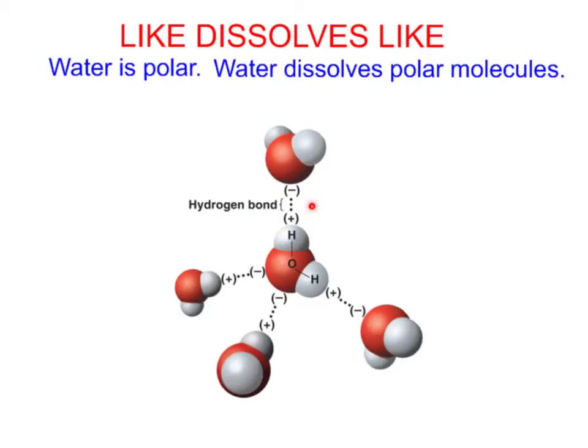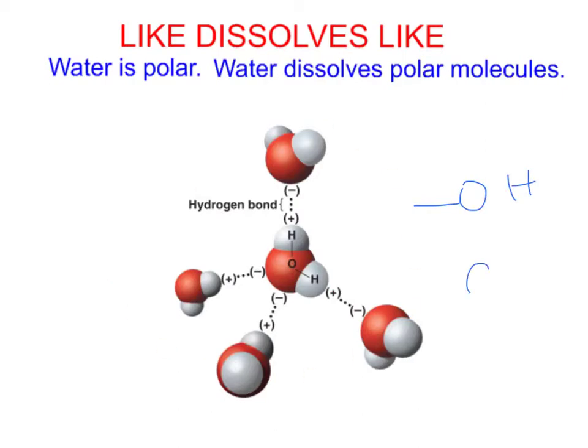So we know that something that has a charge, that is polar, right? Like our alcohol, it has an OH on the end. That is able to pull charge in one direction. It can come in and replace some of these areas in our water that have hydrogen bonds.